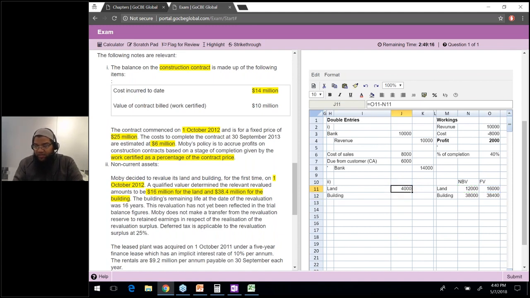And if I copy this and paste this underneath, you're going to see that it will apply the formula automatically onto the building. And I'm going to credit the revaluation reserve through OCI by the total.